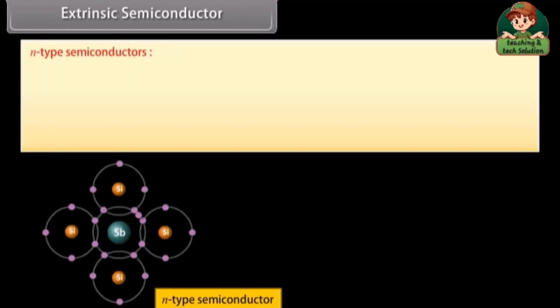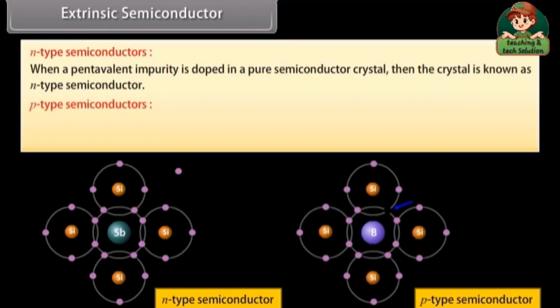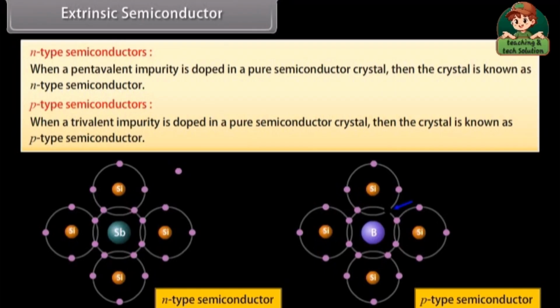N-type semiconductors. When a pentavalent impurity is doped in a pure semiconductor crystal, then the crystal is known as an N-type semiconductor. P-type semiconductor. When a trivalent impurity is doped in a pure semiconductor crystal, then the crystal is known as a P-type semiconductor.